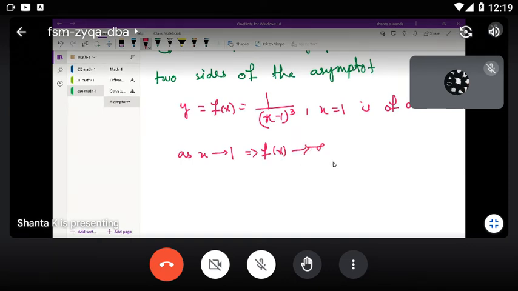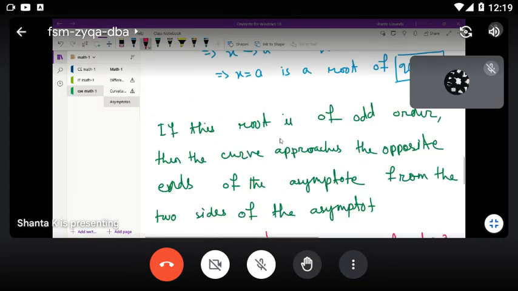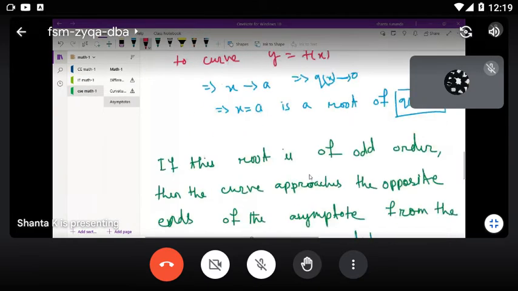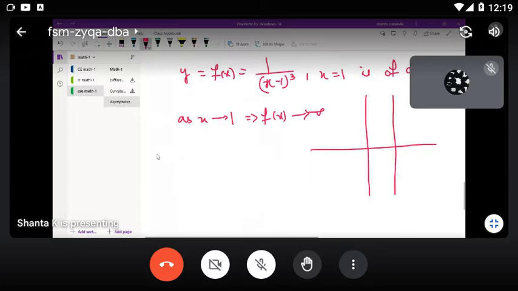So we have x equals 1 is a vertical asymptote. Because you see, when the limit of f(x) goes to infinity as x approaches a value, then the line is called a vertical asymptote. So x equals 1 is the vertical asymptote.